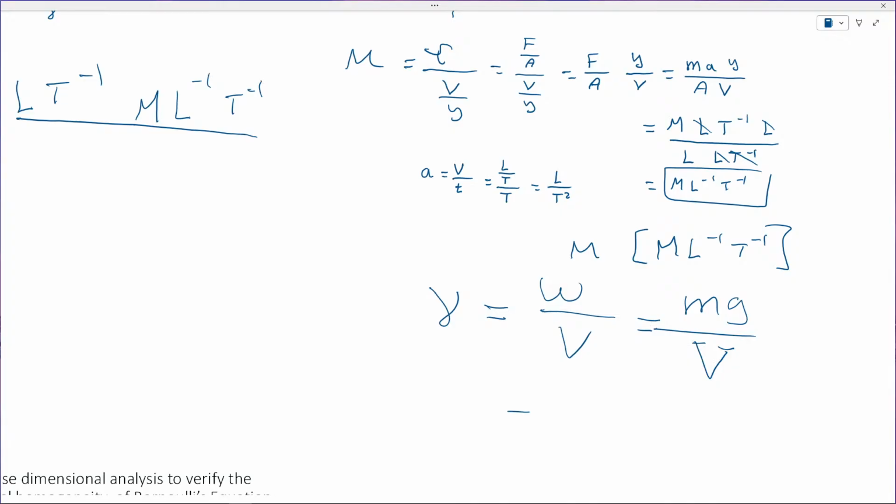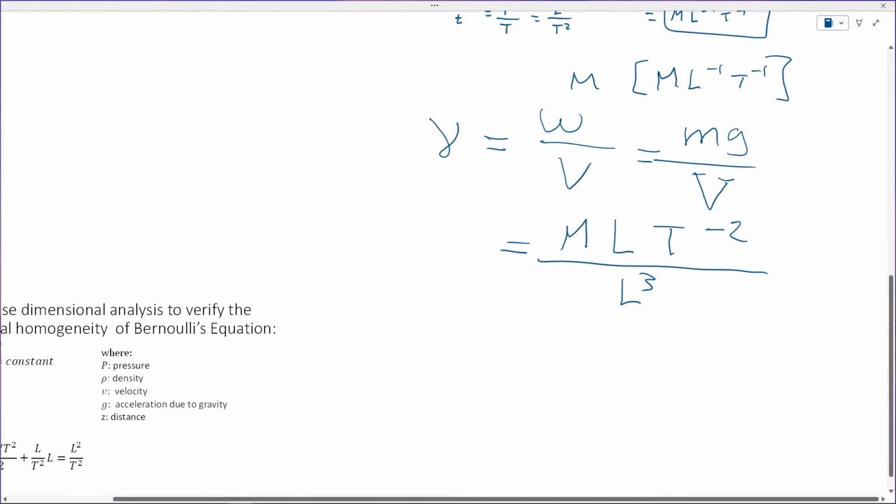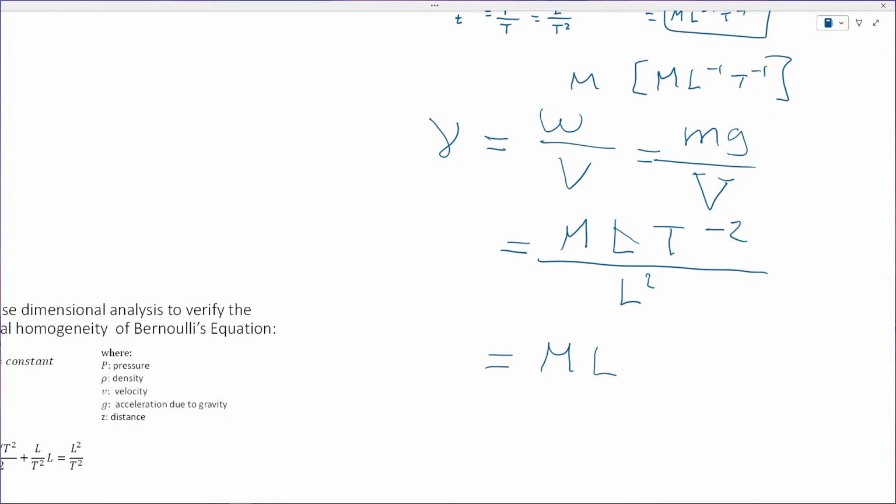What would be the unit of this? m is mass, g is acceleration, so that will have L T to the power of minus 2, and V is volume, that is L cubed. Can this go with one of these? So I can remove this, and this would be L to the power 2. So here it will be M, I bring this up, L minus 2 and T minus 2.